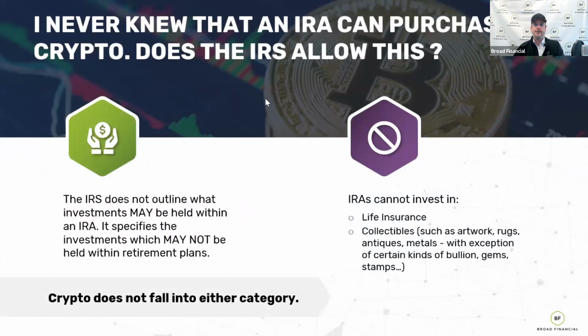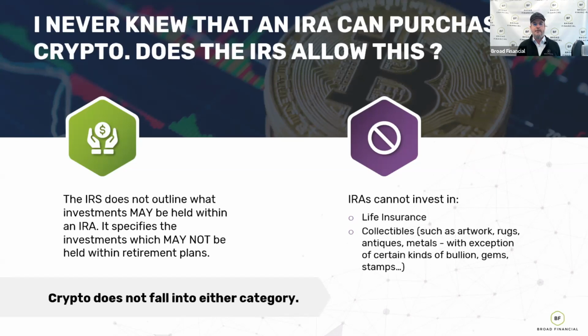The first question is, I never knew that an IRA can purchase crypto. Does the IRS allow this? The answer is yes. There was a landmark case in 1996 that went to the Supreme Court, and that basically allowed self-directed IRAs as we know them. The IRS doesn't tell you what you can invest in; they tell you what you can't.